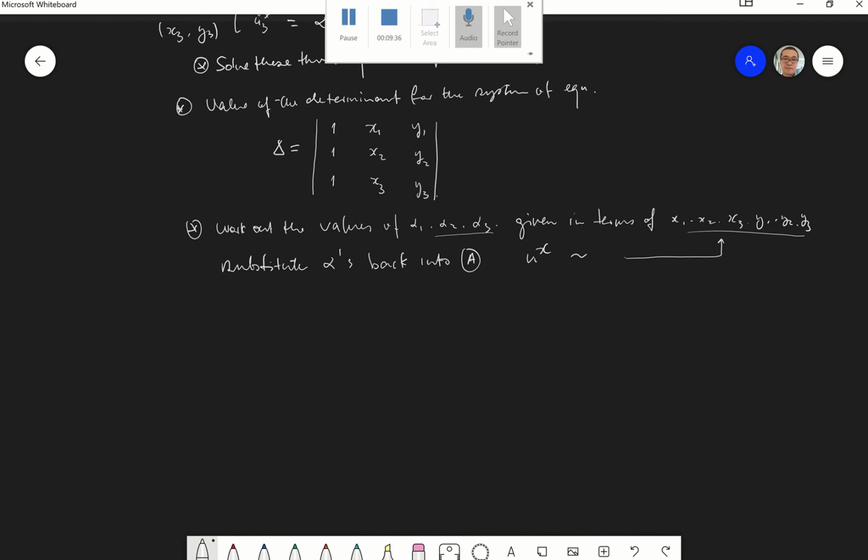Okay, so that's the whole mathematical mechanism to work this out, which we're not going to go into the detail of.